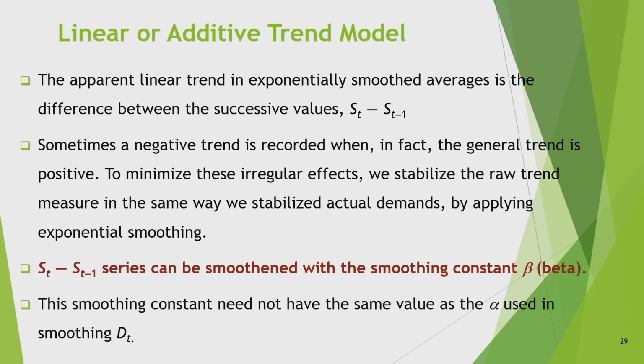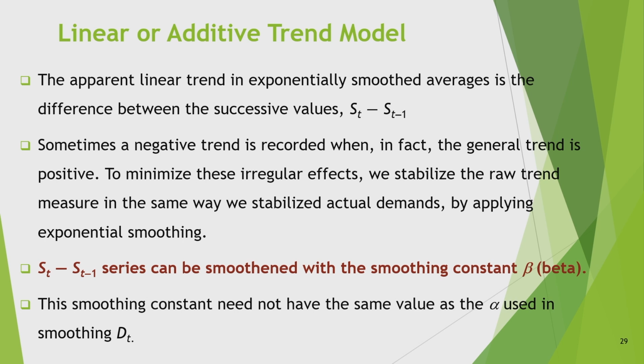Sometimes a negative trend is recorded when in fact the general trend is positive. To minimize these irregular effects, we stabilize the raw trend measures in the same way we stabilized actual demands by applying exponential smoothing. So, the st minus st minus 1 series can be smoothed with the smoothing constant beta.